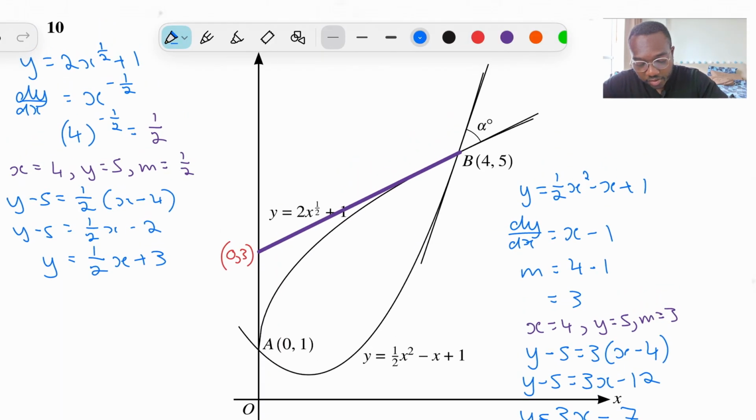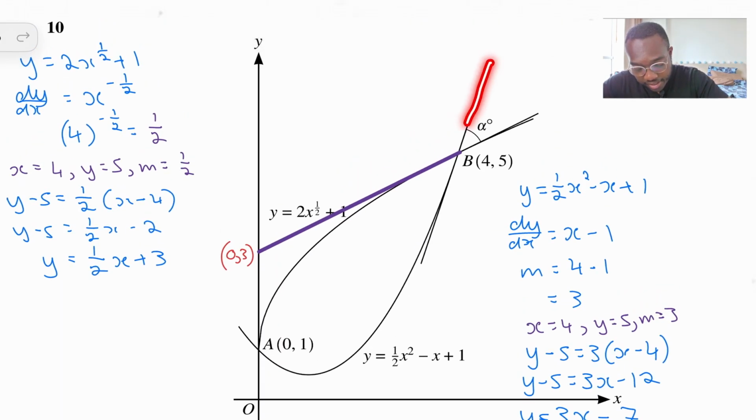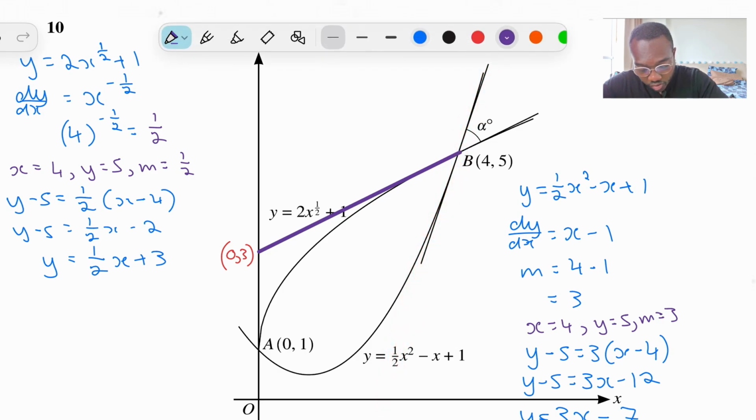So what does that tell us? Well, we know this line here has to be y is equal to 3x minus 7. So if I draw this on now, this must be the line y is equal to 3x minus 7. Therefore, all we need to do now is work out the x-intercept.